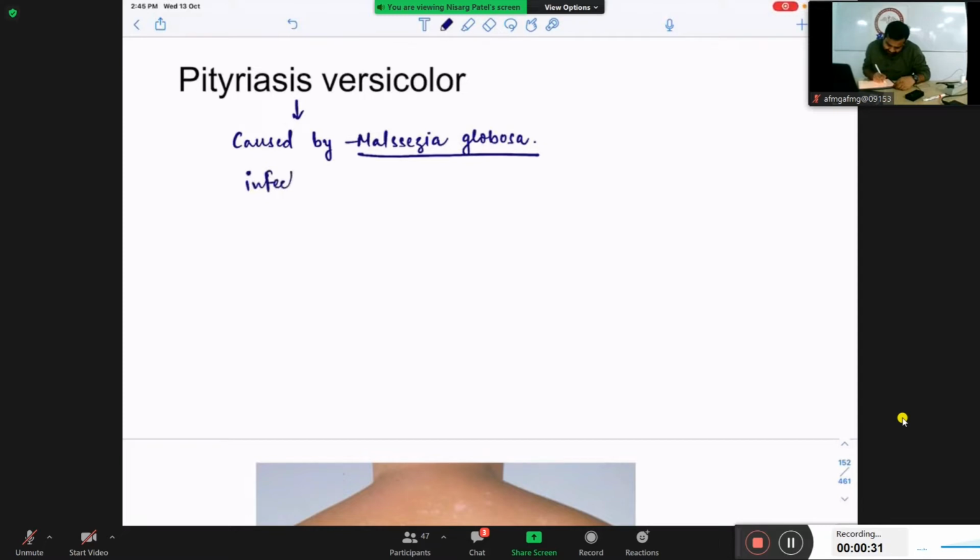It infects stratum corneum. The most common site is the upper trunk.